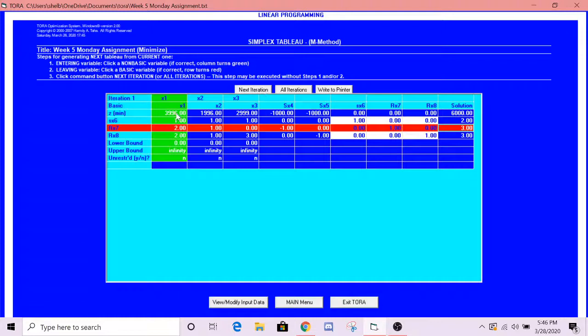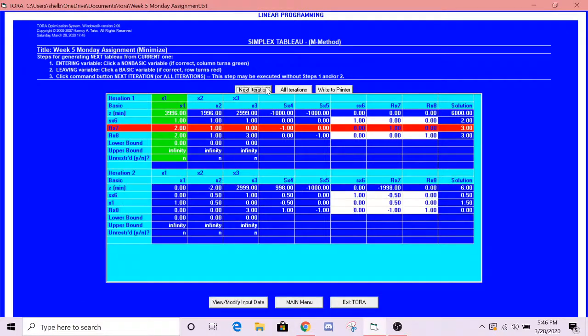And then once we've clicked both of those, hit next iteration, and it'll bring up the next iteration when that row is turned into a pivot. So then again, looking at where the most positive is in row 0, we have 2,999.